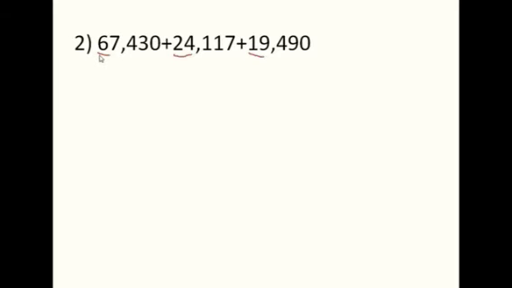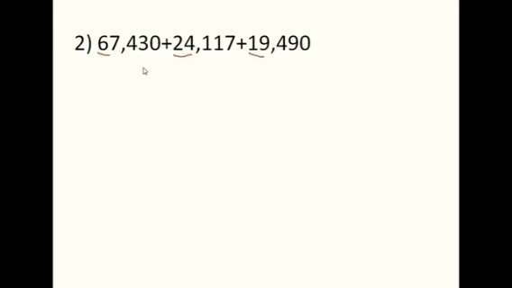Now it is 67,430. You have underlined 6 as the highest place. So go for the previous place, that is 1000. How much is it here? 7. So 7 is more than 5. So what does the rule say? You have to add 1 to the 10,000 place, and the rest of the places, 1000, then 100, then tens and units, will be replaced by 0.